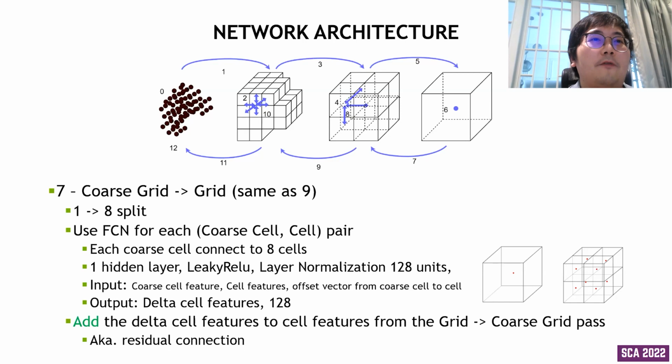So the feature that was stored there gets updated by the feature from the coarser grid. The information is linked by a residual connection, kind of like a U-Net in CNN image recognition neural networks.